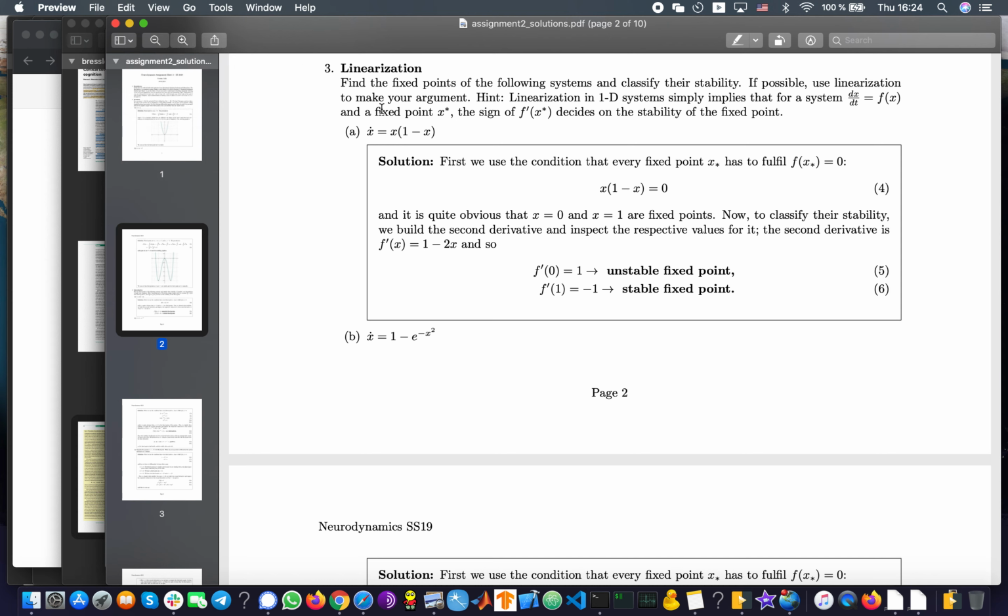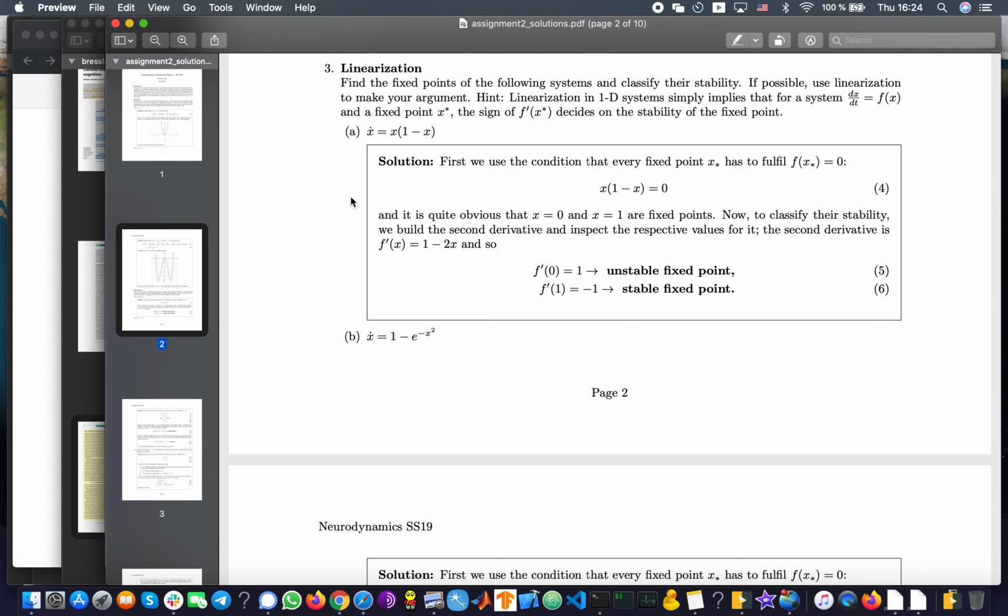Here you can see we have two major things: the way that we find fixed points, and the way that we can find whether that fixed point is stable or unstable.